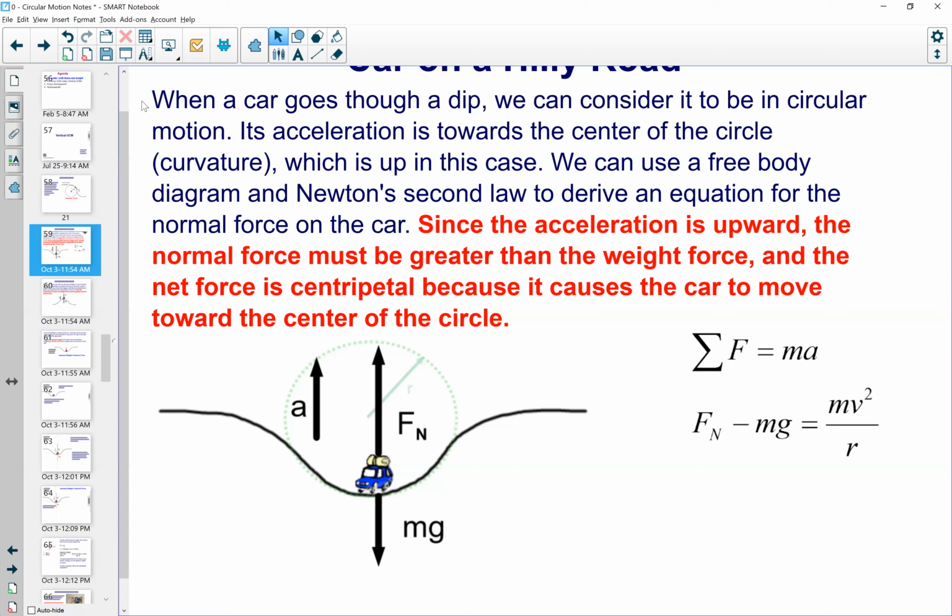And in this case, because it's centripetal in nature, we can substitute v squared over r for the acceleration. So we know the net force as a sum, normal minus weight, and we know the net force as ma. In this case, we're modifying that to be mv squared over r. And because we have a lot of that information, we could solve that problem.